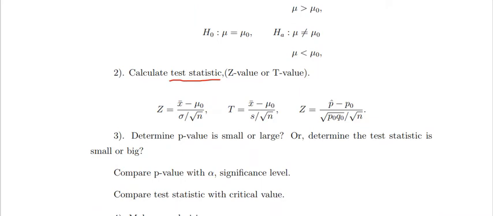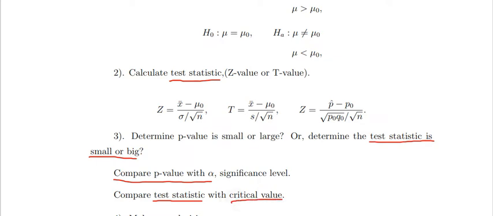To determine whether the test statistic is big or small, we have two ways. One is to compare the p-value with alpha. The other way is to compare the test statistic with the critical value. So we compare the z value with the critical z value, and the t value with the critical t value.